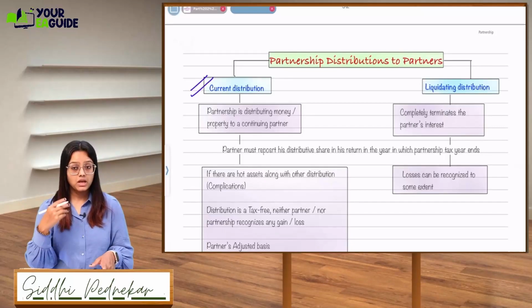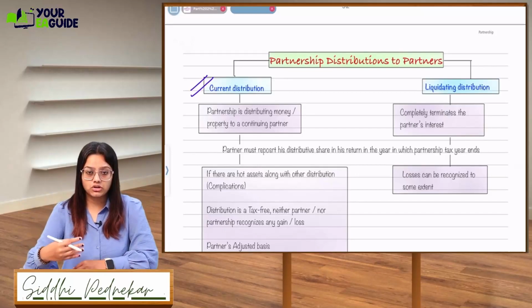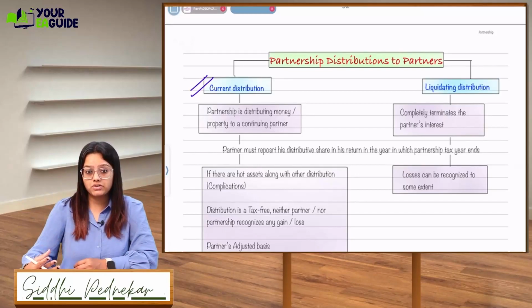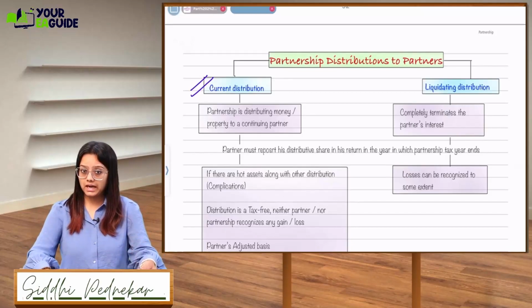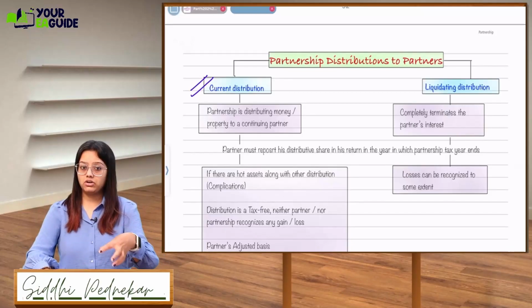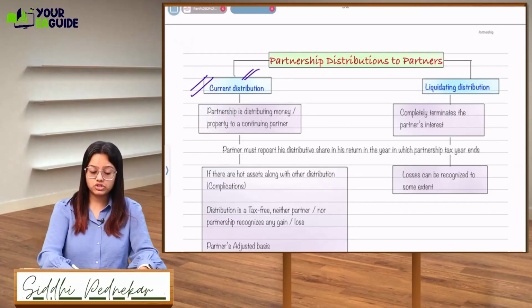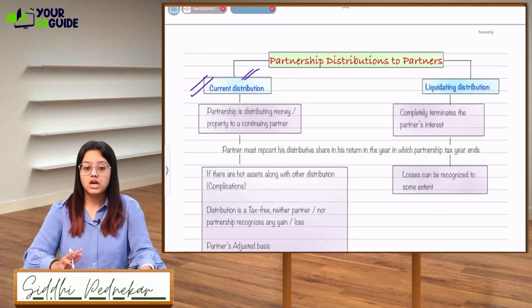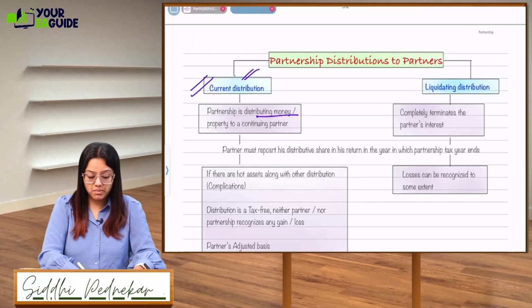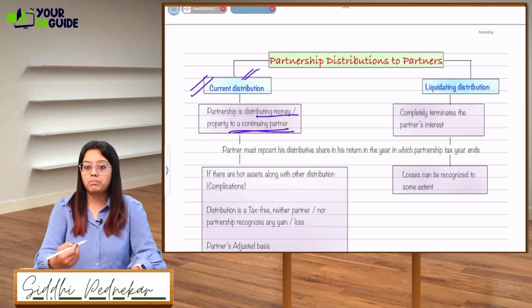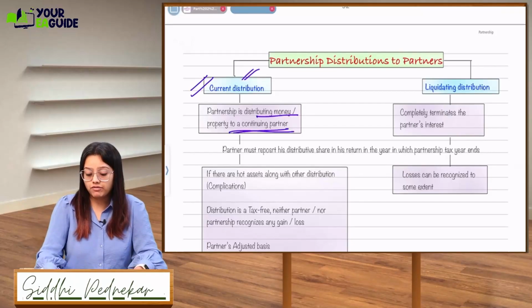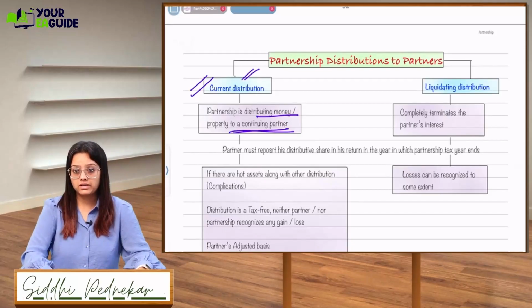But if it's a liquidating distribution, or your partnership interest is getting terminated, then you will have to recognize either a capital gain or a capital loss. In case of current distribution, you can just reduce it from the basis. So when the partnership is distributing money or property to a continuing partner, it is called a current distribution. Completely terminating the partner's interest is the liquidating distribution.